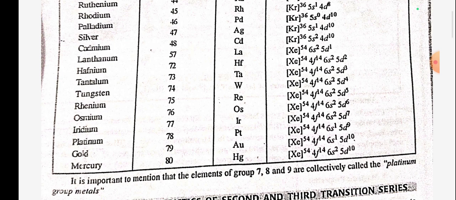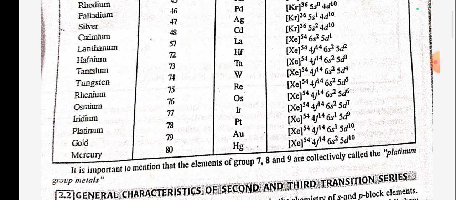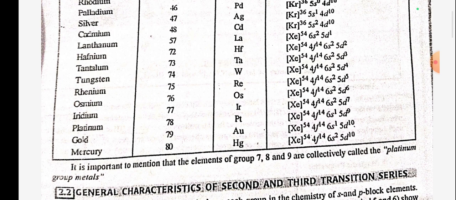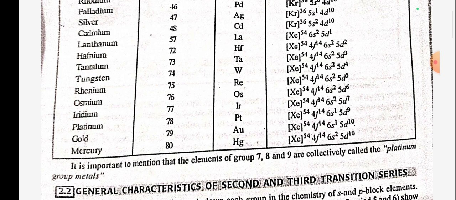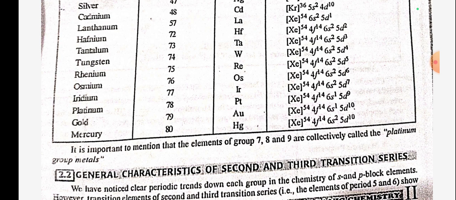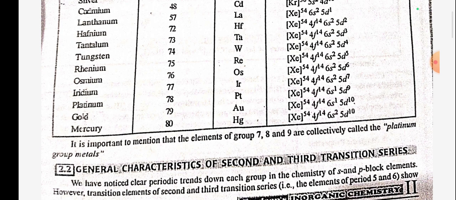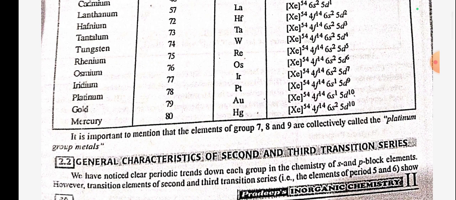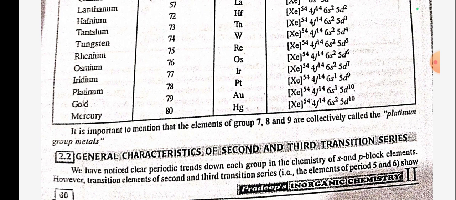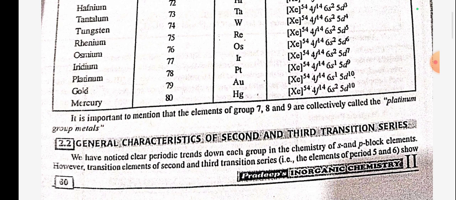Lanthanum 57, La, xenon 54 6s2 5d1. Hafnium 72, Hf, xenon 54 4f14 6s2 5d2. Tantalum 73, Ta, Xe 54 4f14 6s2 5d3. Tungsten, W, Xe 54 4f14 6s2 5d4. Rhenium, Re, xenon 54 4f14 6s2 5d5.